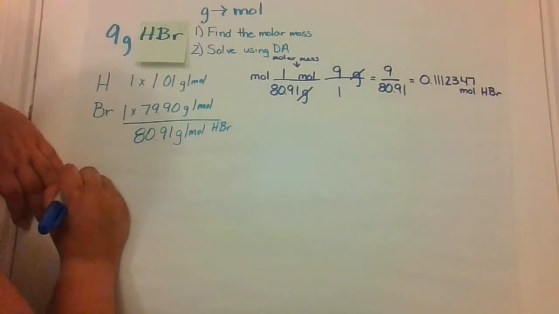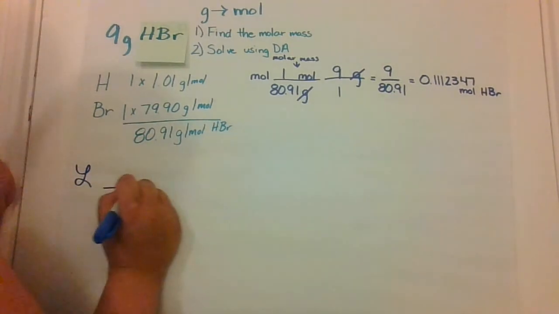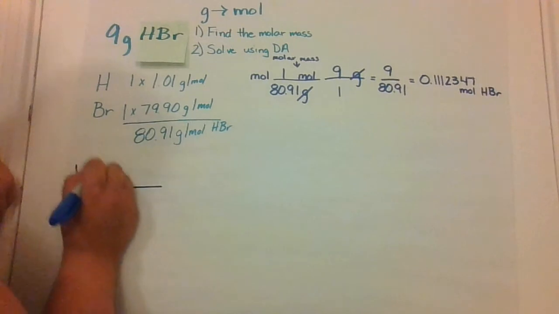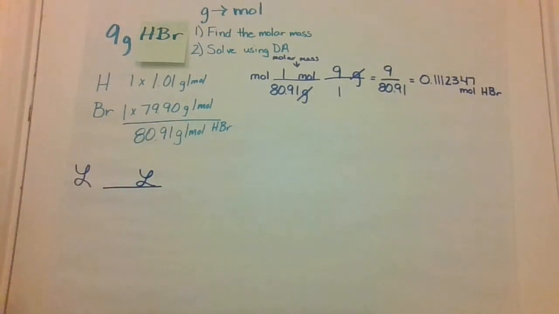So once again, in true dA fashion, what we are solving for is on the far left. Whatever unit is here is the first unit on the line next to it. And we know for this problem we weren't given any liters, so it is necessary for us to use our conversion factor.